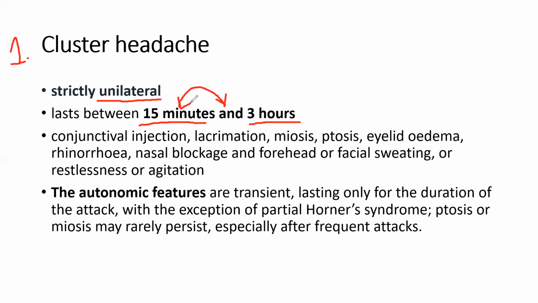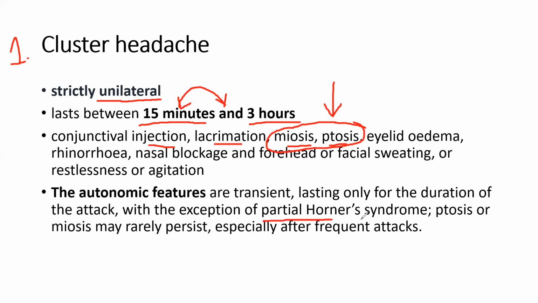And there will always be some conjunctival symptom, that is, the autonomic features. You can get a lot of things like conjunctival injection, lacrimation, miosis, ptosis. All these things are due to temporary sympathetic blockage, that is the Horner syndrome.